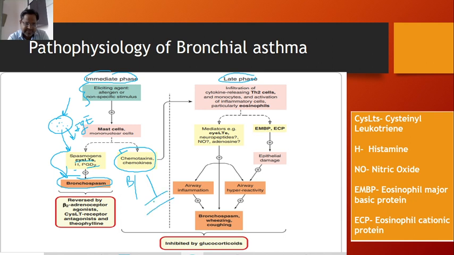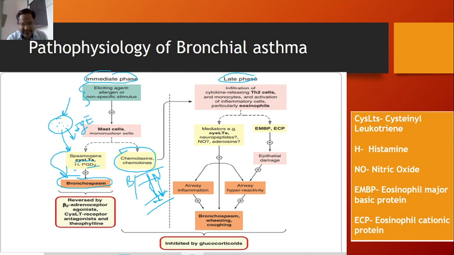Now you can clearly see that in asthma, if inflammation occurs, your neutrophil from the blood vessel is attracted toward this inflammatory site. So your neutrophil is attracted to where there is inflammation, and the term is called chemotaxin.